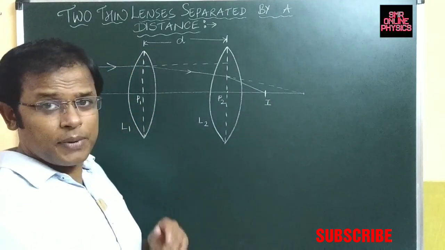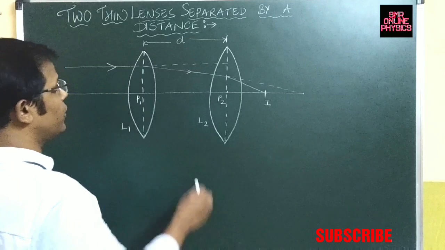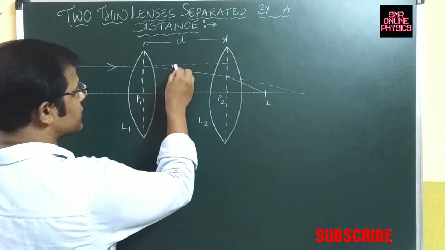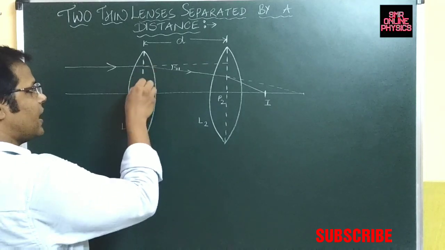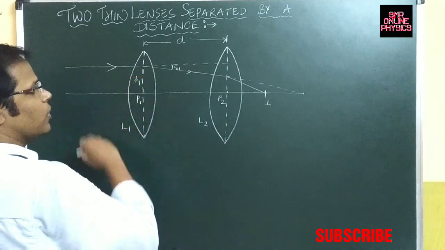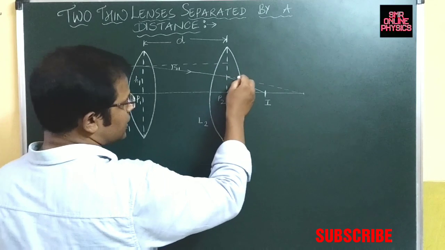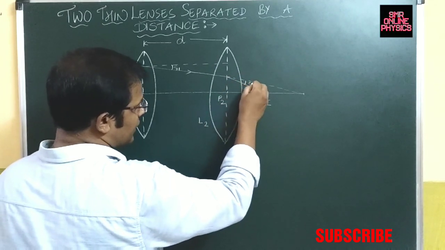It's all about picking up the deviation correctly. This is the first angle of deviation, delta 1, and let us say this height is h1, and from here the deviation is delta 2.